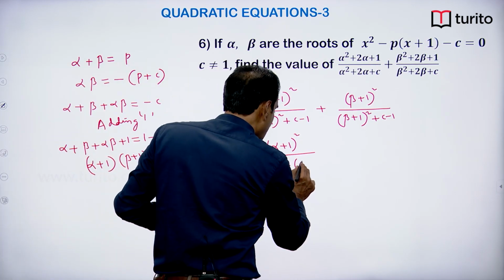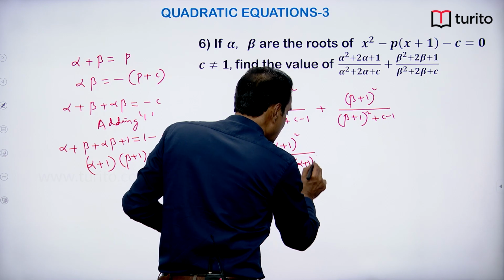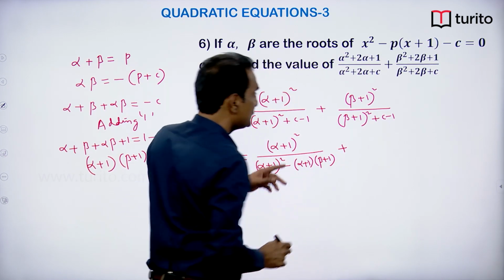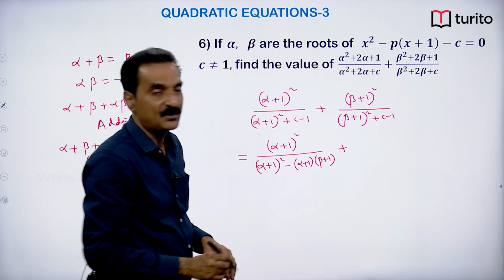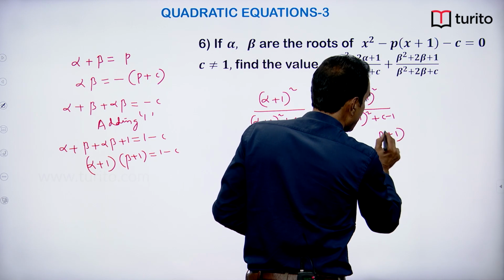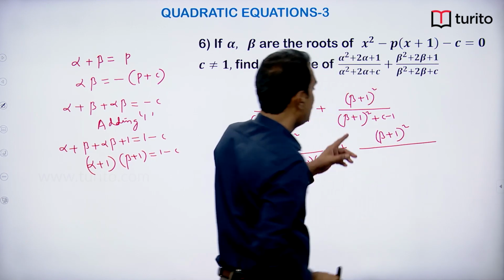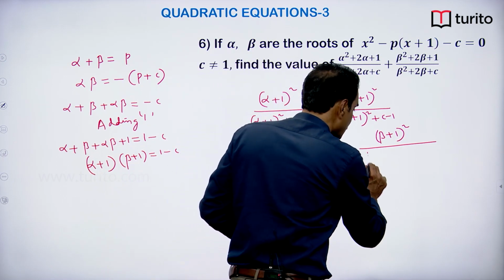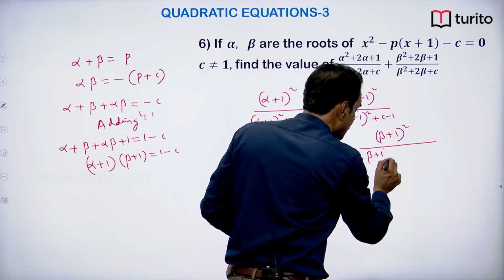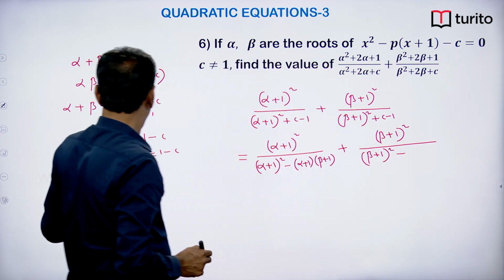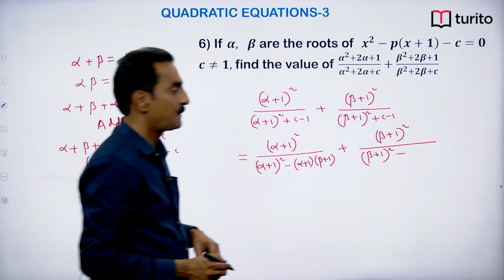Minus of alpha plus 1 into beta plus 1 plus, in the second term also, beta plus 1 whole square upon beta plus 1 whole square minus of alpha plus 1 into beta plus 1.